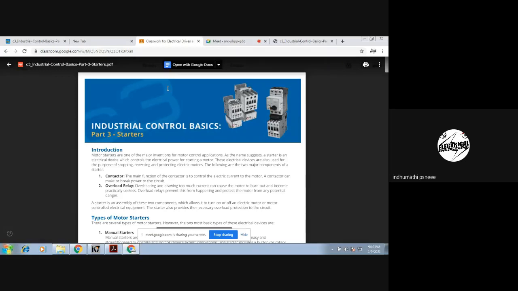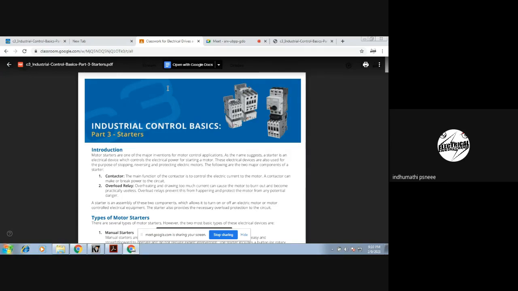So there are two functions, make or break. Then the overload relay: overheating and drawing too much current can cause the motor to burn out and become practically useless. The overload relay prevents this from happening and protects the motor from any potential danger. So that's why we use an overload relay.